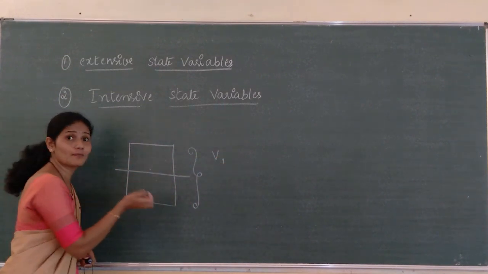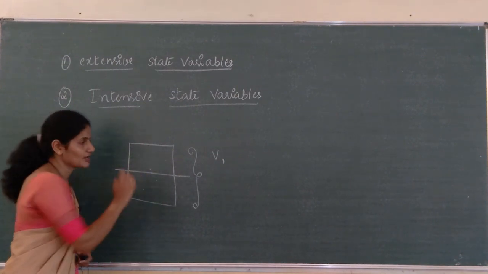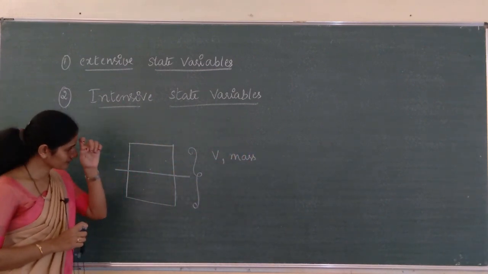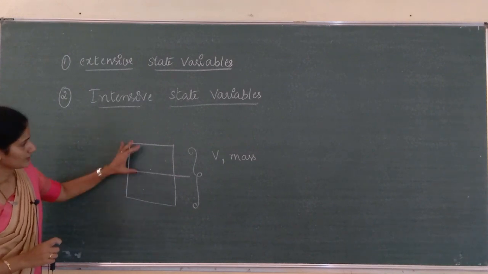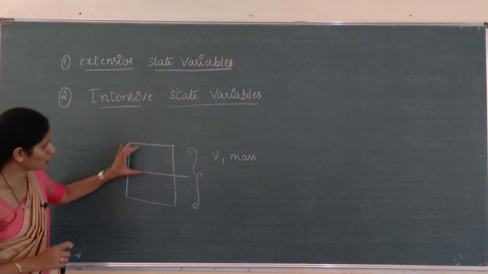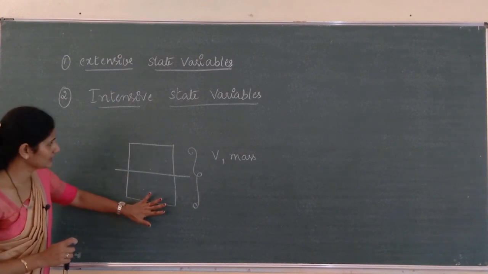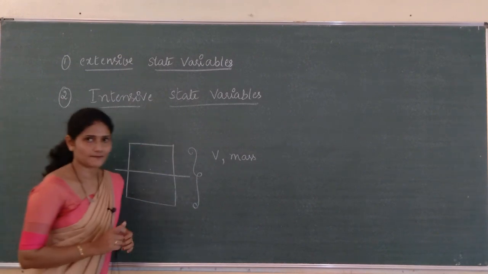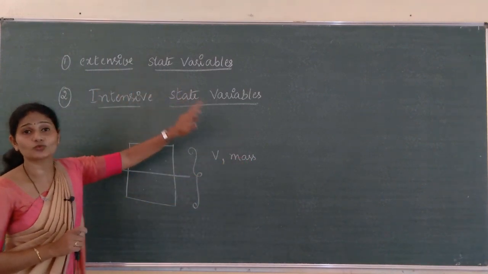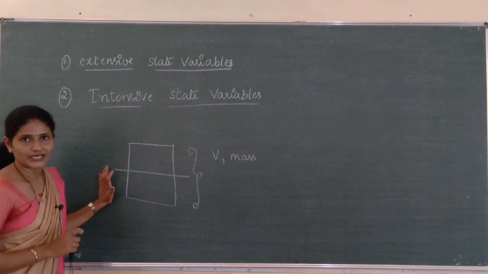Number of molecules or mass also changes, it becomes exactly half. So, volume and mass are extensive state variables because they depend on the size of the system.